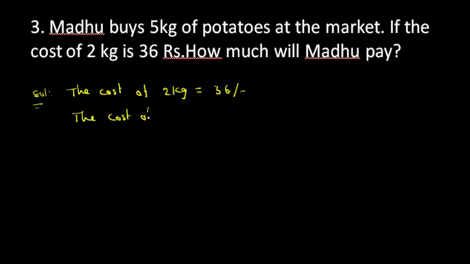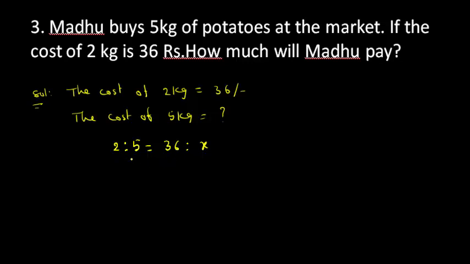The cost of 5 kgs is equal to how much? These terms can be written in the ratios. First, 2 kgs is to 5 kgs equal to 36 is to x rupees.